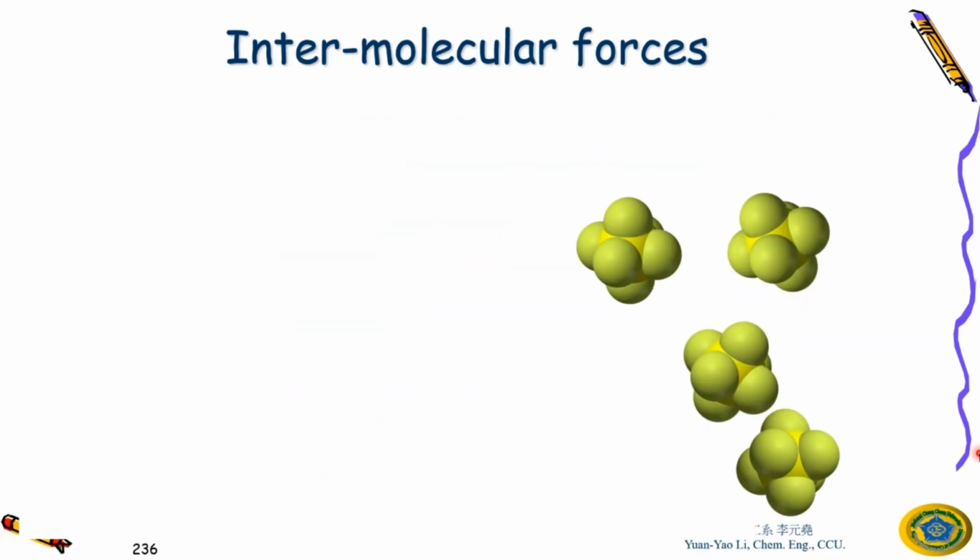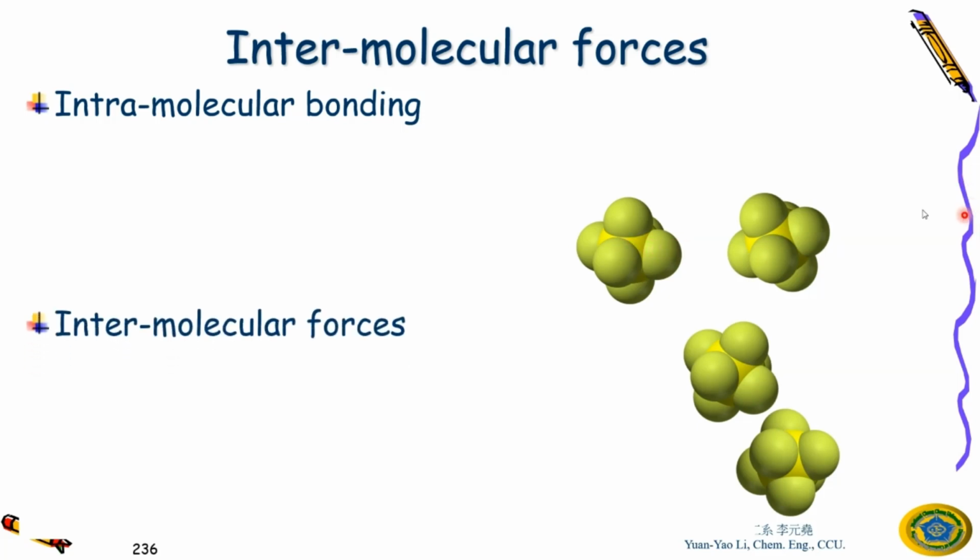That's why we are talking about intermolecular forces. We have intramolecular bonding, which means inside the molecule, the bonding between atom and atom. And another one is intermolecular force, or intermolecular bonding.